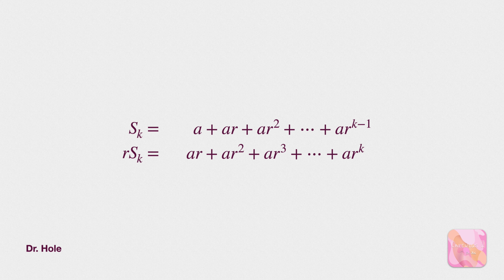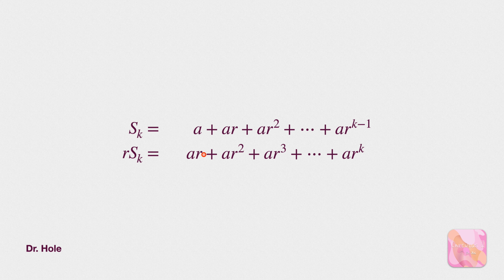All right. A convenient trick is to now multiply S sub k by r, and then present in this line is a times r, a times r squared, a times r cubed, which is matching term by term with the first line, everything except for the a. And in the second line, all of the terms match except for the very last term, a times r to the k.